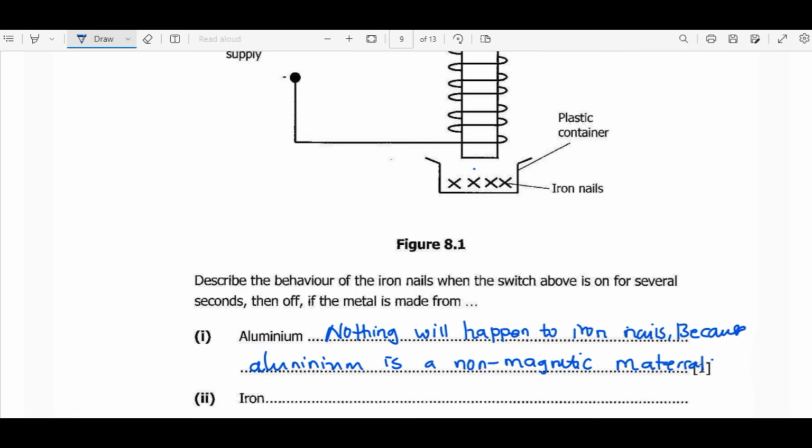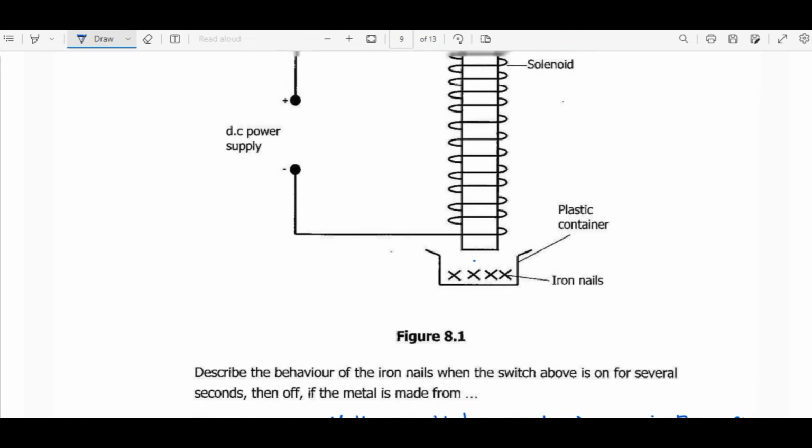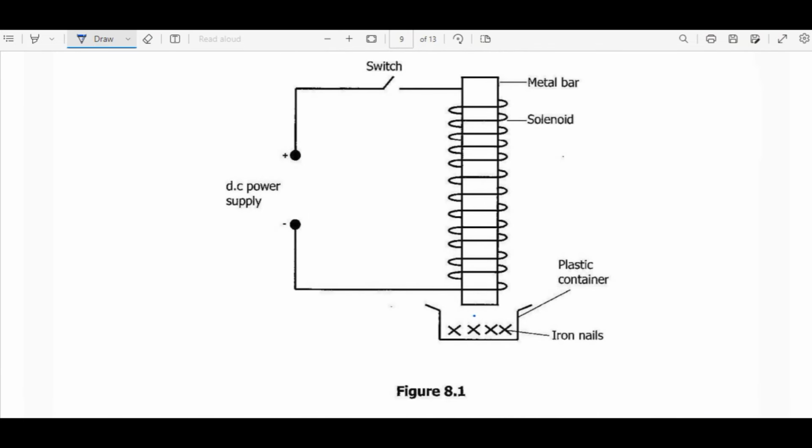So nothing will happen. Then iron is a magnetic material, and it's a soft magnetic material, meaning it is easy to magnetize. So immediately it is switched on, if this metal bar is iron, then it will start making magnetic field lines. Because of the formation of magnetic field lines, and because iron is easy to magnetize, these iron nails will be attracted to this point due to the force of attraction.